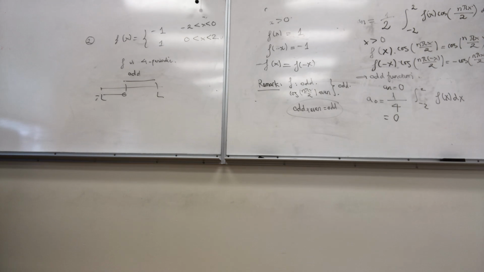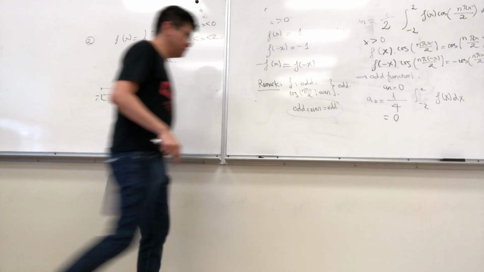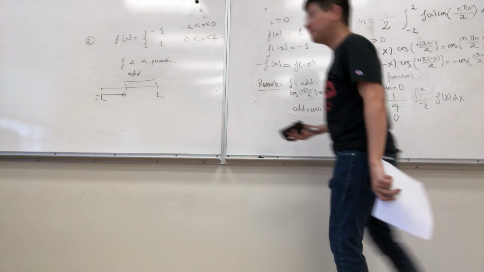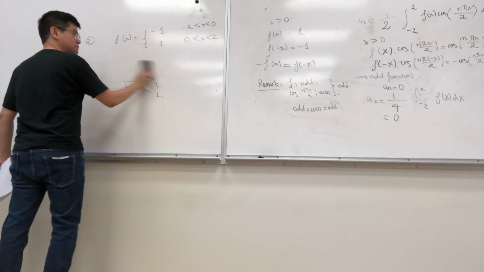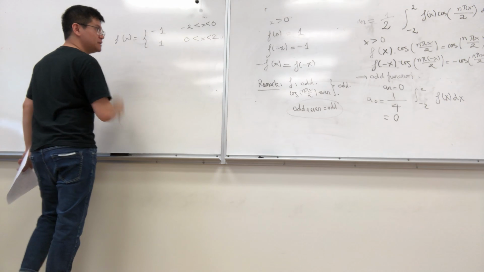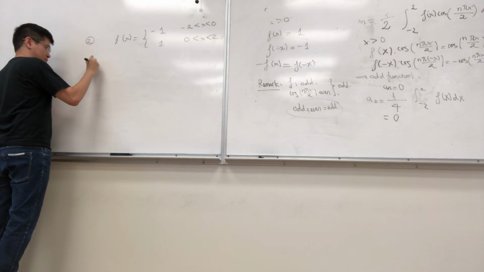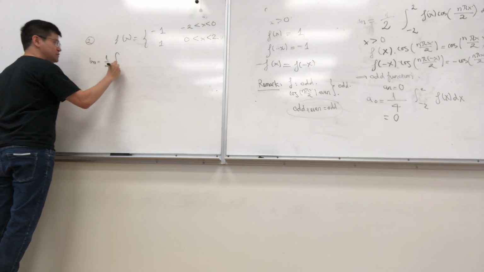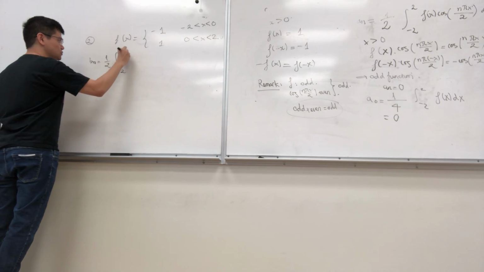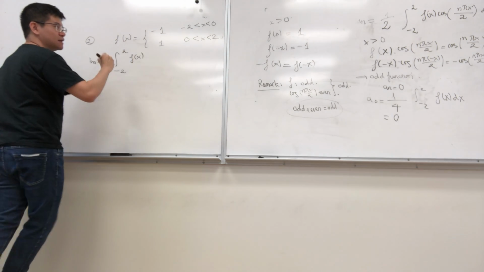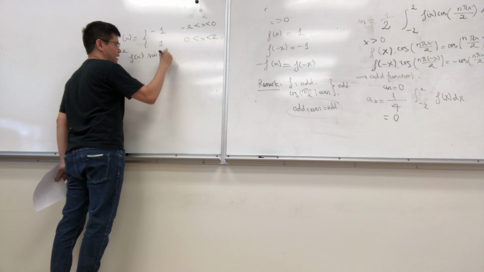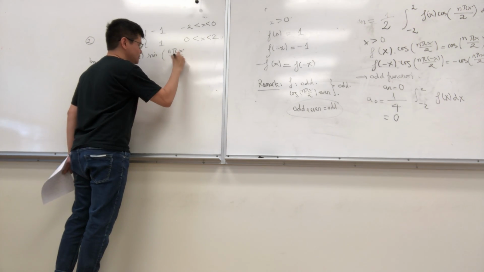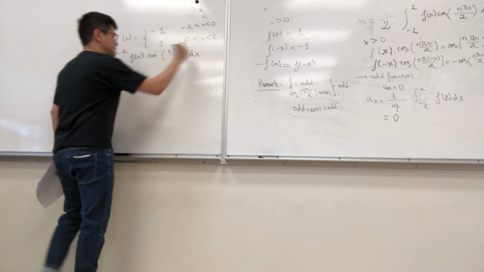Right, so let us try to compute b_n. b_n will be 1/2 of the integral from -2 to 2 of f(x) sine of n pi x over 2 dx.